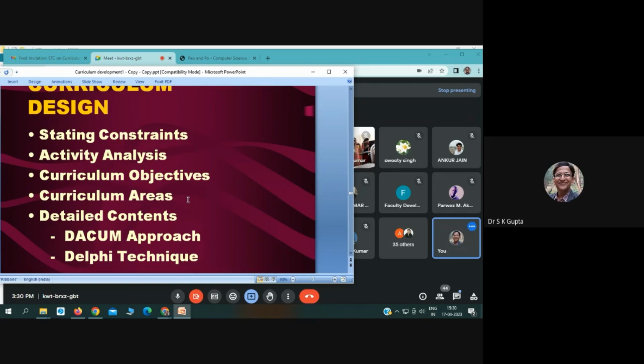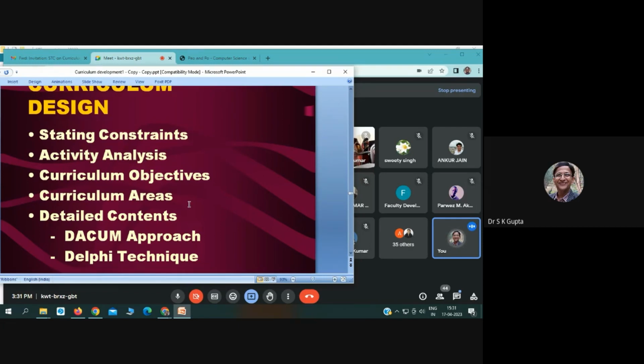Then for every curriculum area, we define the course outcomes. That after studying this, the student will be able to perform these, will be able to apply this, or will be able to describe, like that. We use some action verbs to write your program outcomes and your course outcomes.